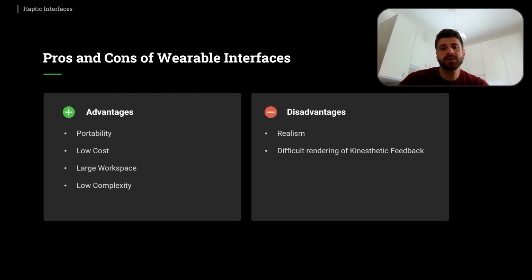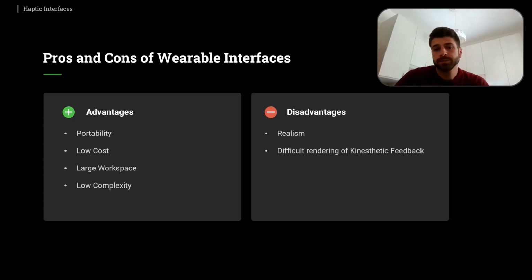By focusing on the different advantages and disadvantages of the wearable interfaces compared to the desktop ones, of course, the main advantage is the portability, because a desktop interface cannot be worn by a human and is fixed to a surface or a wall. Moreover, a wearable interface is less expensive and less complex, and has a larger workspace, which refers to the area in which you can move.